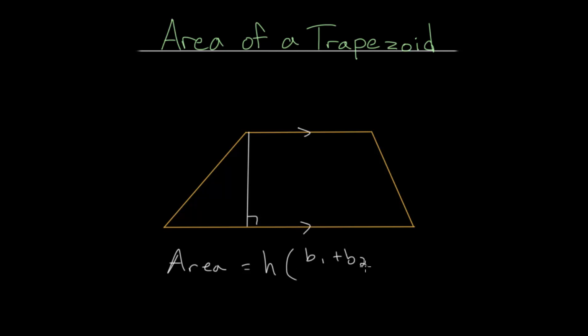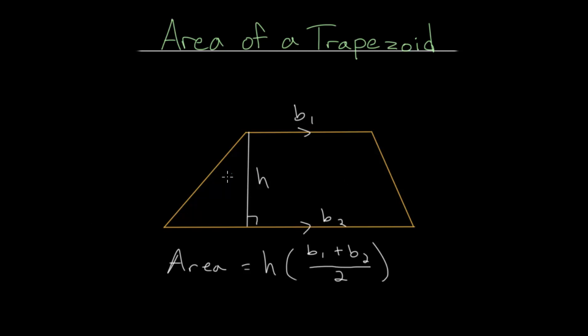And we can call those B1 and B2. And we're going to add those together and divide by 2 since we're finding their average. But we can call this B1 and this can be B2. And of course, this vertical line, this is the height, the difference essentially between the two bases.